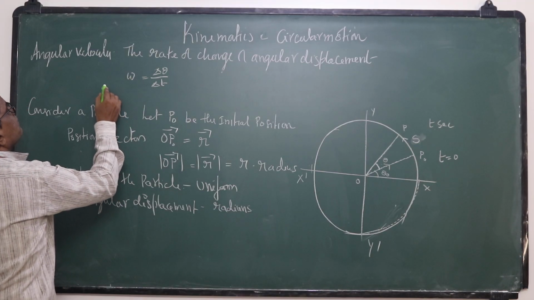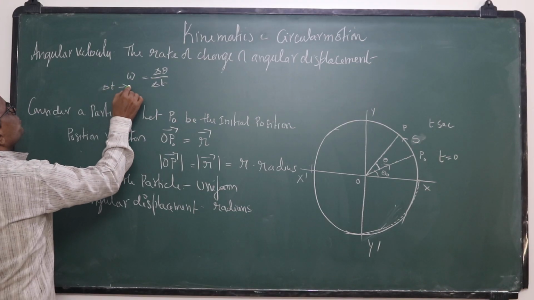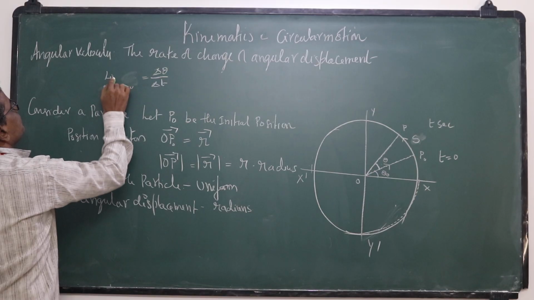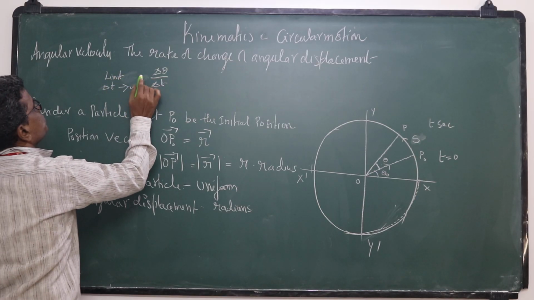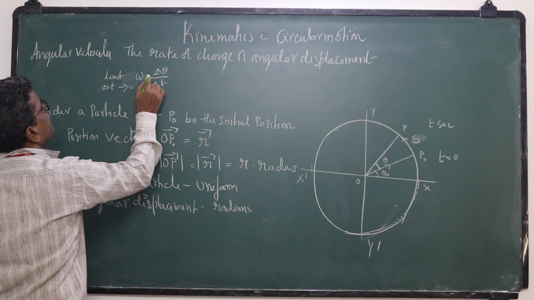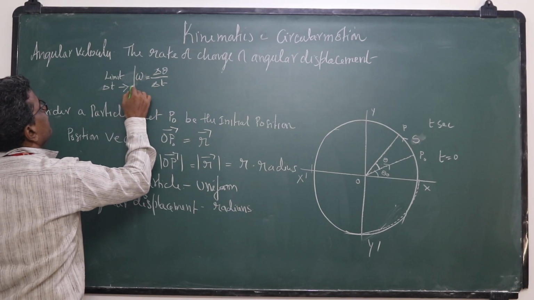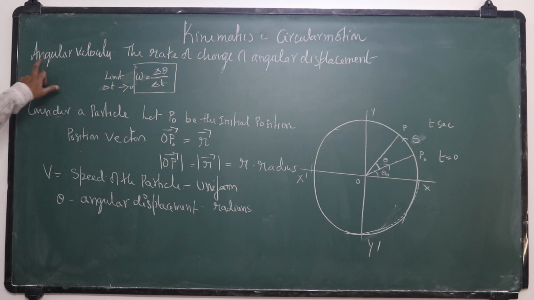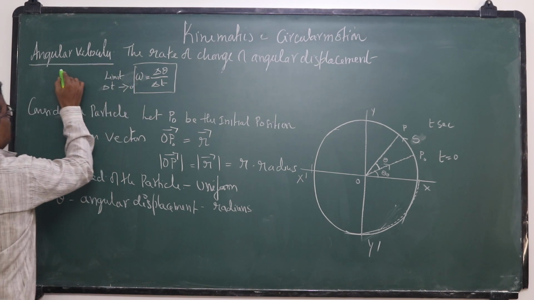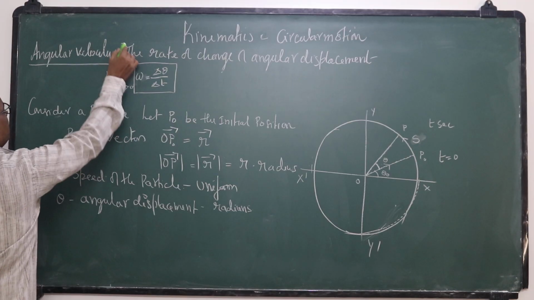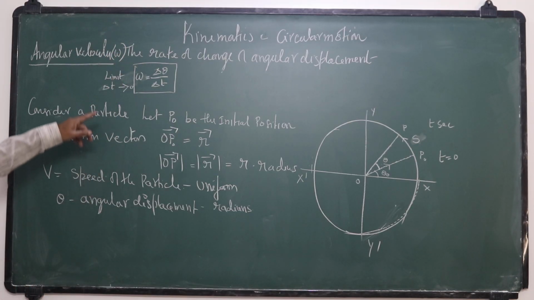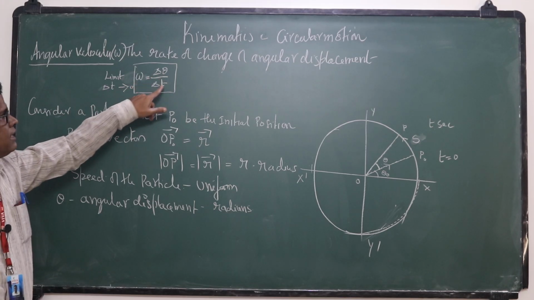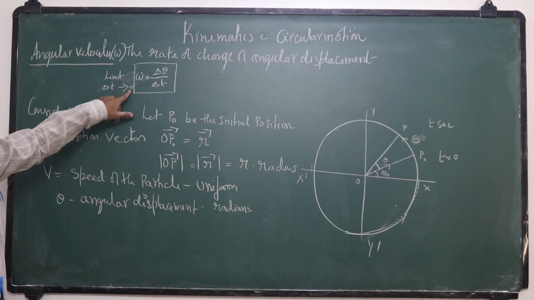As delta t tends to 0, the limit defines omega as d theta by dt, where omega is called angular velocity. Angular velocity is represented with the letter omega. So omega is delta theta by delta t as delta t tends to 0.